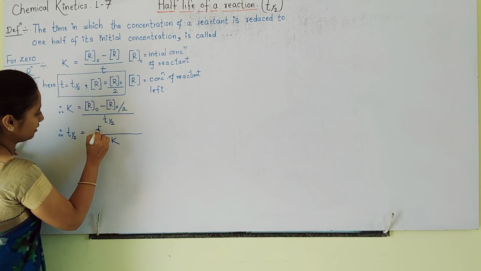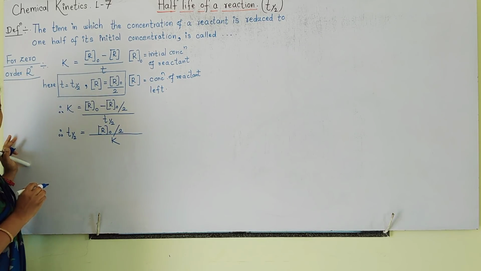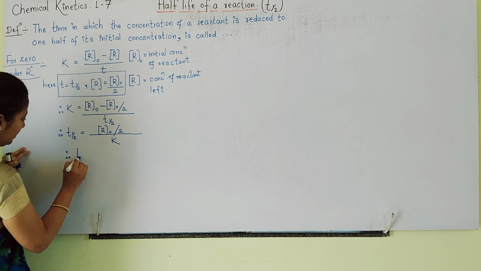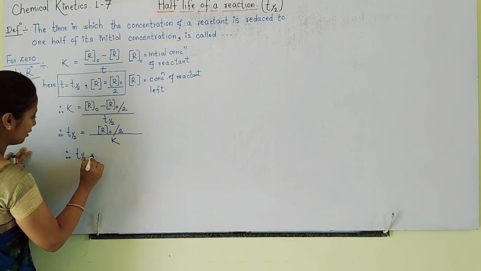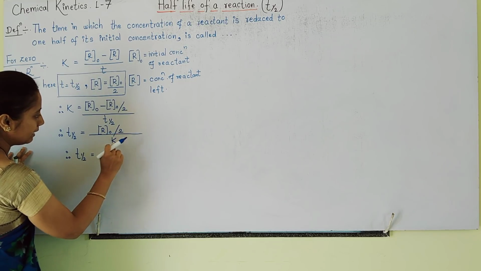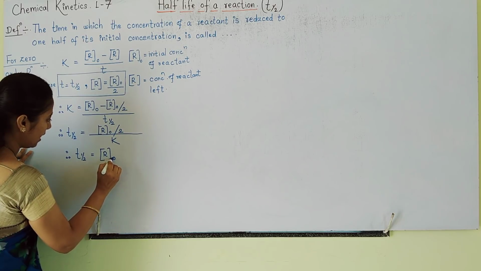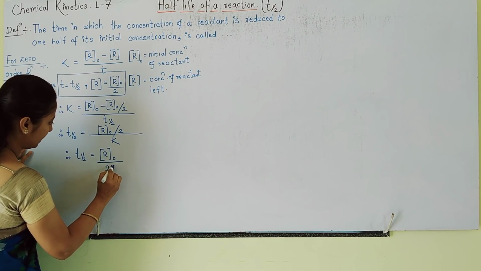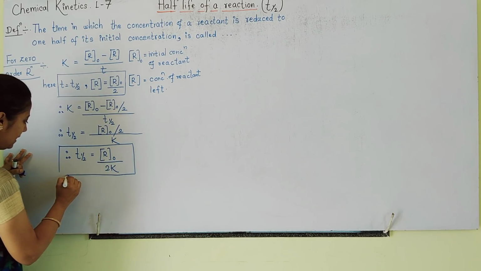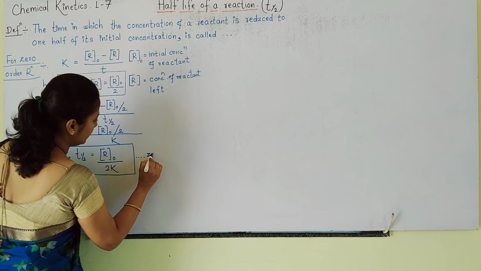So upside left is R naught by 2. Therefore, T half is equal to R naught divided by 2 divided by K. So we can write R naught by 2K.